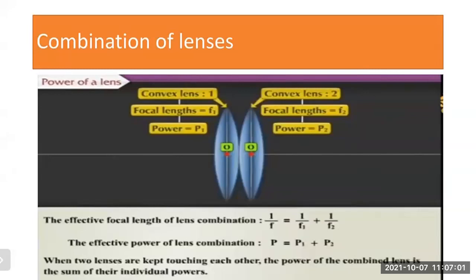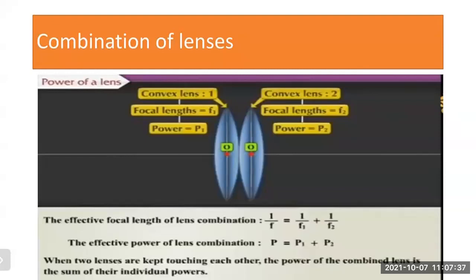Then similarly, we can also find out the effective power of the lens. If the two lenses are kept in contact with each other, and if P1 is the power of one lens and P2 is the power of another lens, then the effective power of their combination is P is equals to P1 plus P2.